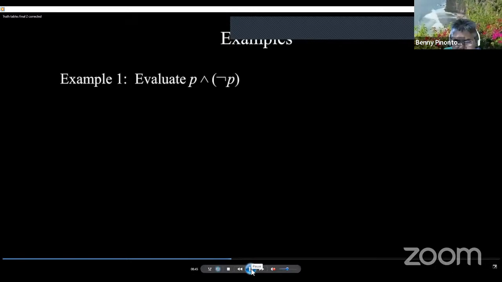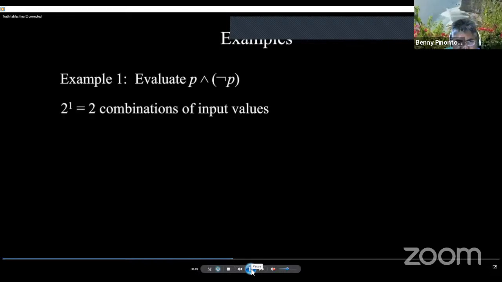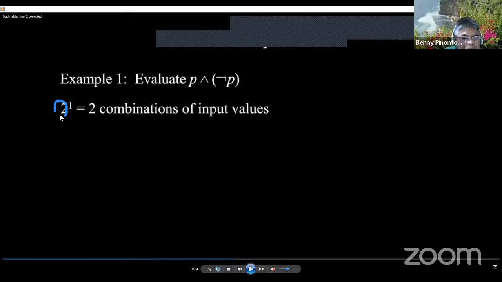So the combination, because this is only one variable, the variable is only P. So the combination is 2 to the power 1. Now, these two are for the input 0 and 1.